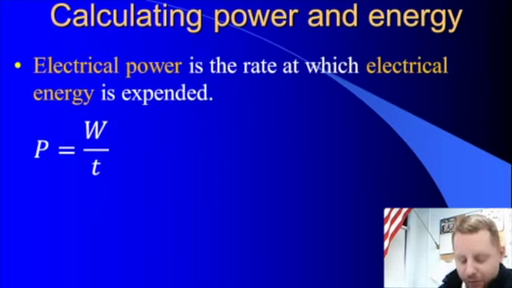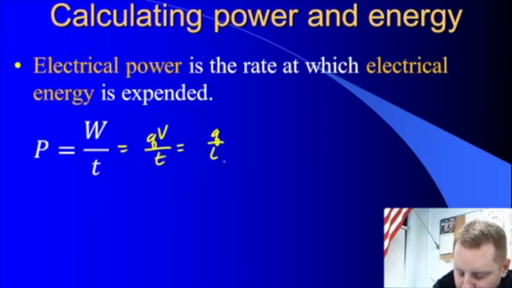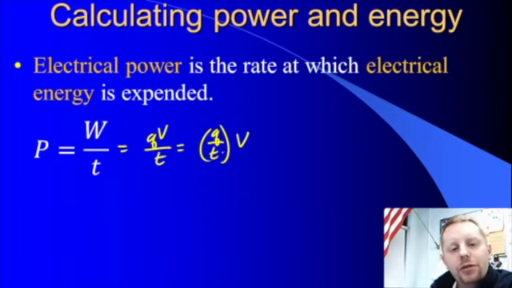We also know that electrical energy is charge times potential difference divided by time. So that's another way we could write this equation. If we rearrange this a little bit, that's charge over time times potential. And if you remember, charge per unit time was our definition of electrical current.